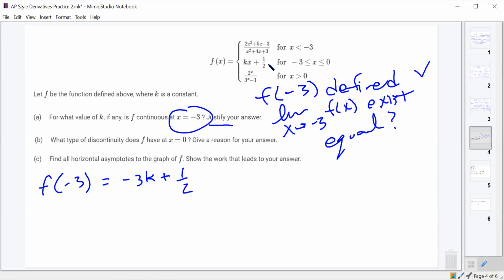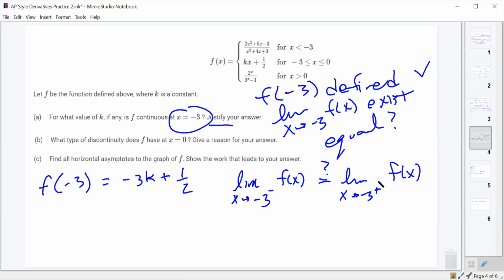So to see if the limit exists, the limit from the left has to equal the limit from the right. Everybody see that? So we're going to see if the limit as x approaches negative 3 from the left of f of x is equal to the limit as x approaches negative 3 from the right of f of x. And if those two things are true, then we can make this limit exist, right?